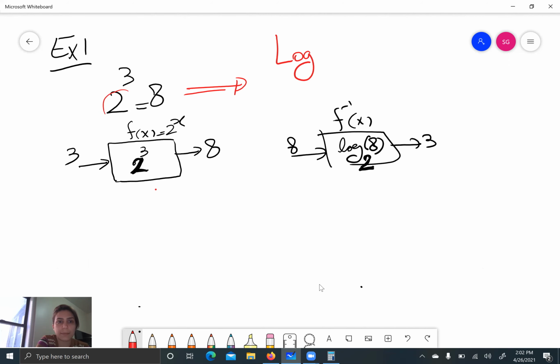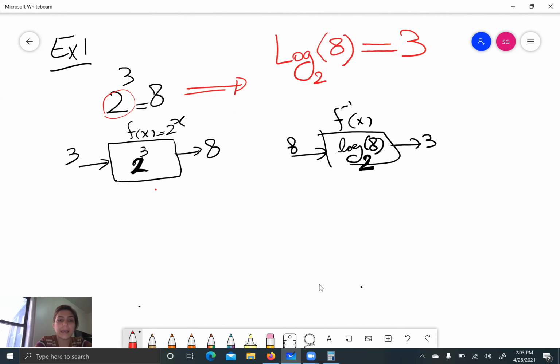It should be the same base as the exponential function. So the base is 2. It takes the output, which is 8, and it should return us the input. So we read this as the logarithm of 8 to the base of 2 is equal to 3.